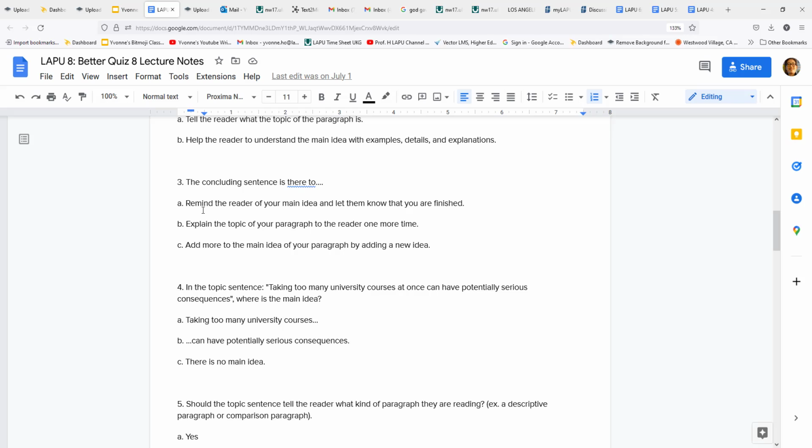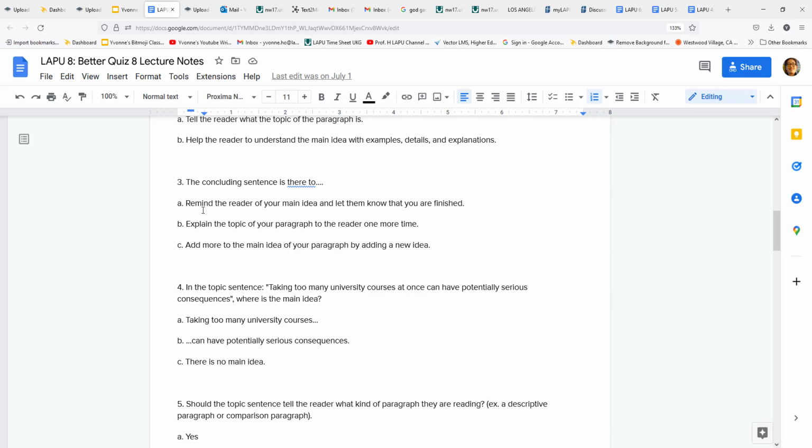So let's say, for example, my thesis statement is smoking causes lung cancer, stomach cancer, and throat cancer. And then the first paragraph would be smoking causes lung cancer. Lung cancer due to smoking is the number one cause of death for people under 60. So then I've got a supporting sentence to support my main idea that smoking causes lung cancer.